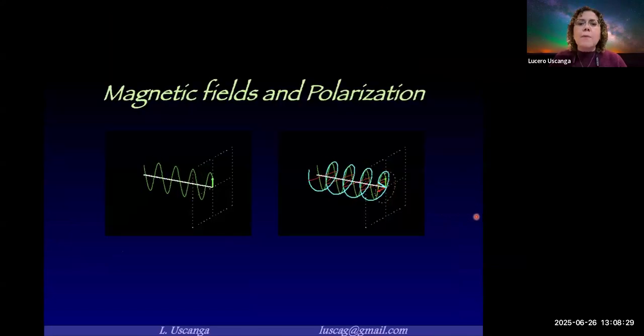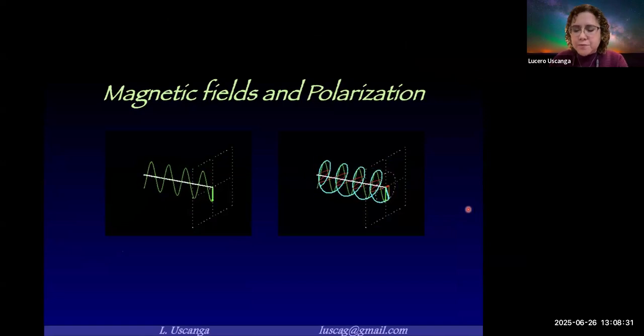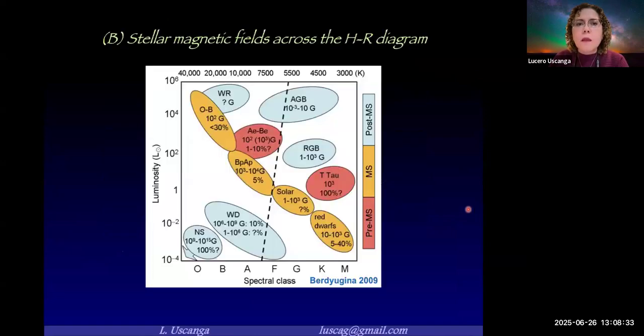Now let's talk about magnetic fields and polarization. These are the stellar magnetic fields across the HR diagram. For main sequence and solar type stars, the values are between 1 and 1,000 Gauss. For stars at the post-main sequence, for example in the red giant branch, the values are similar, between 1 and 1,000 Gauss.